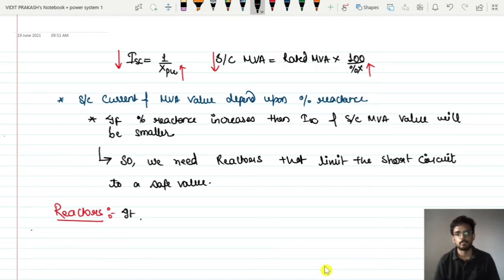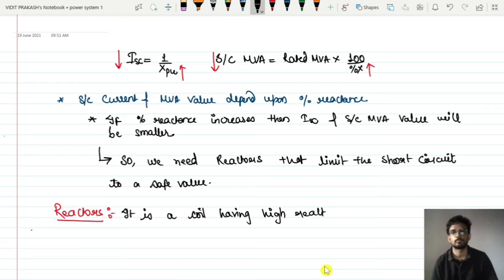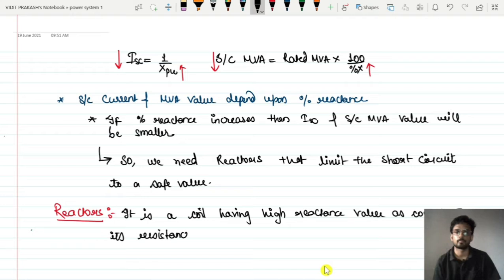Okay, it is a coil having high reactance value as compared to its resistance, used to protect equipments and installation.